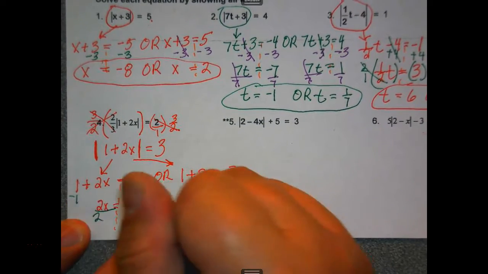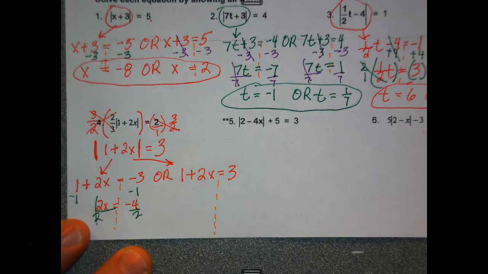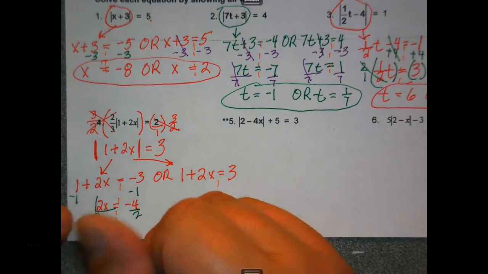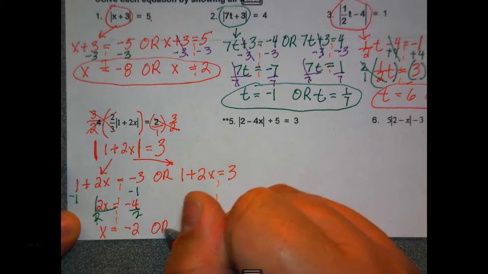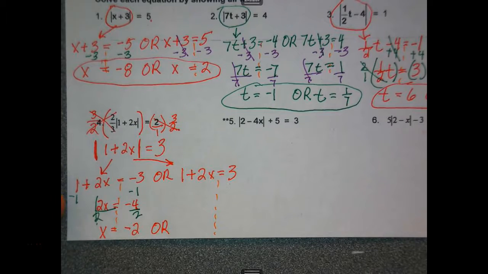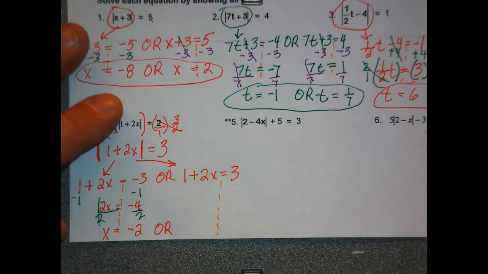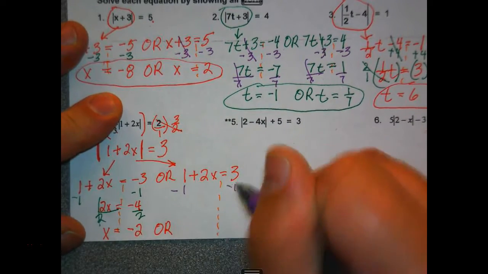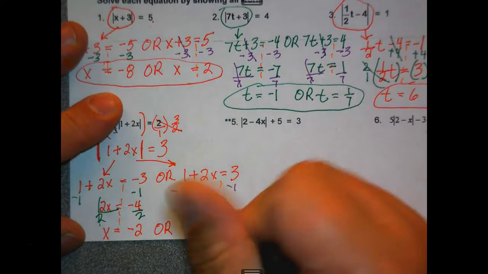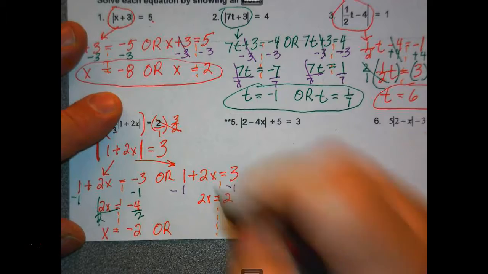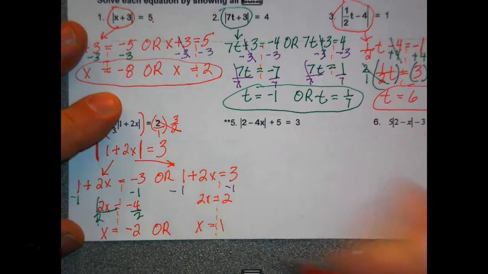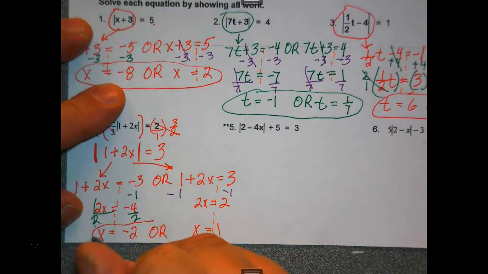Divide by 2. x equals -2. Or subtract 1, I get 2x equals 2, so x equals what? Here's my answer.